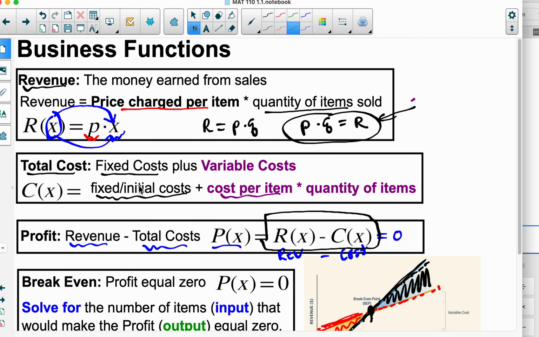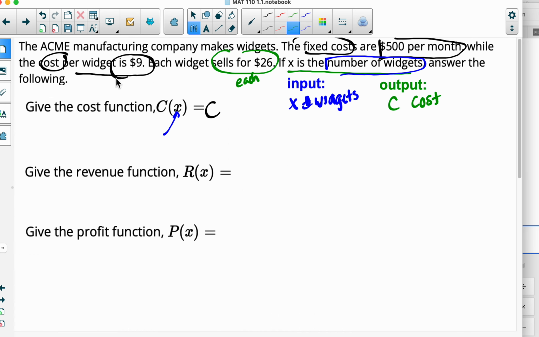So now we need to write that function for cost. And if you recall back here, cost has two pieces, fixed costs and variable costs. So that's what we're trying to find, the two pieces. Well, it just told me straight out here that my fixed costs are $500 per month. So let's start writing this. I've got my cost is equal to 500. Okay, that's my fixed cost. Plus, how much does it cost me to make each widget?